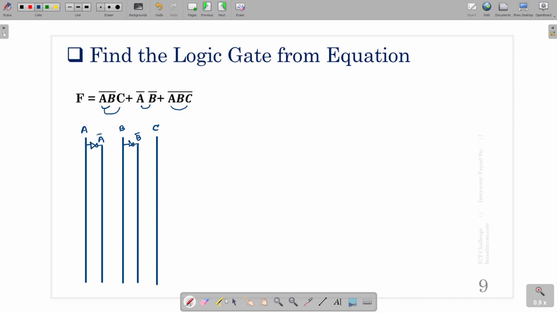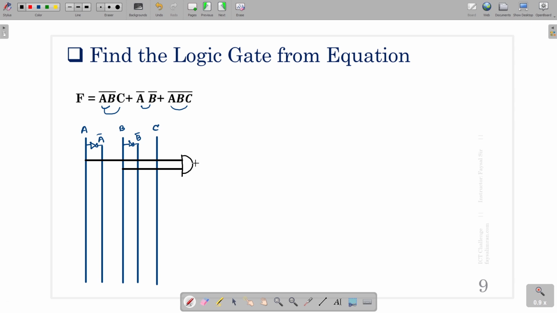First, we take A and B, I have to change the marker color, so also we have to need single. So A and B, so this is B. So now we have to draw here an AND gate.